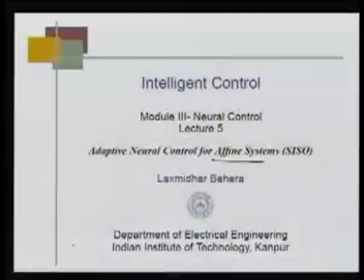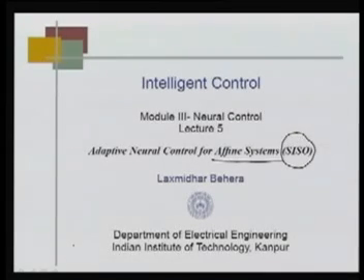The earlier indirect adaptive control scheme was very generic and can be applied to any nonlinear system, but today we will be confining ourselves only to a specific class of nonlinear system, which is the affine system. Also, today we will be focusing only on single input single output systems.